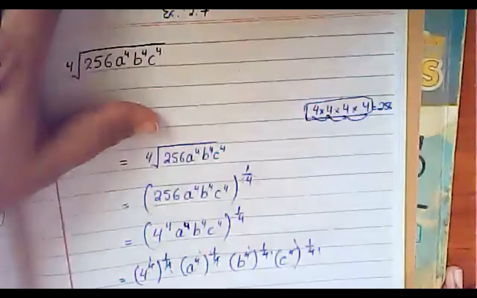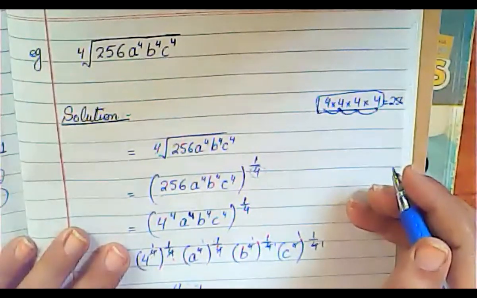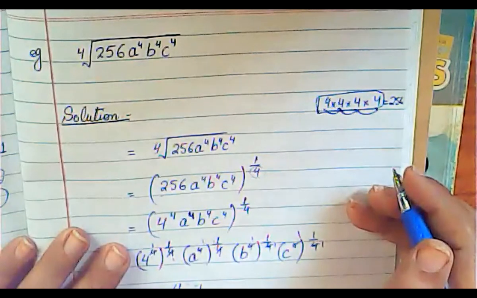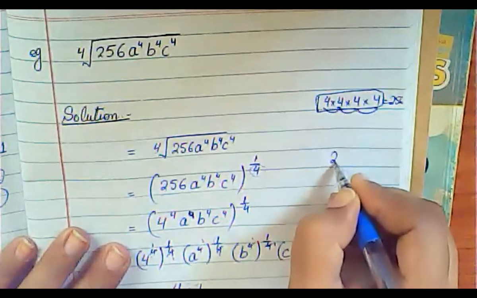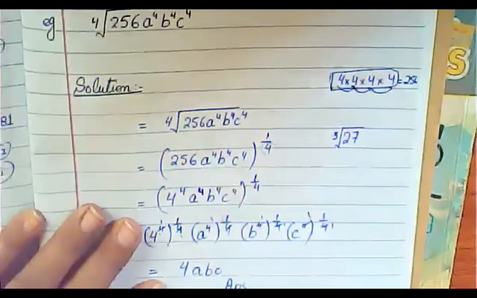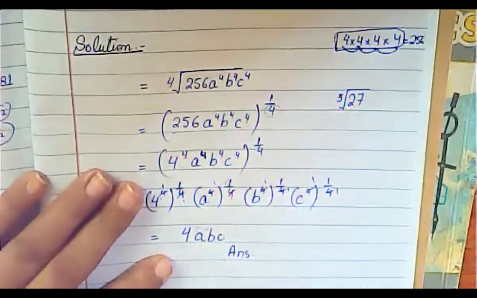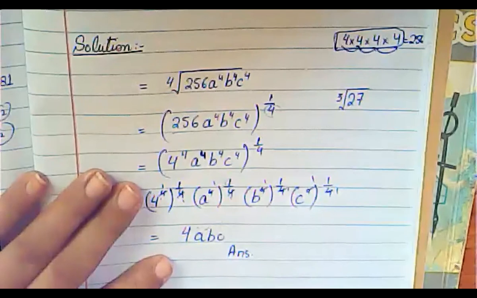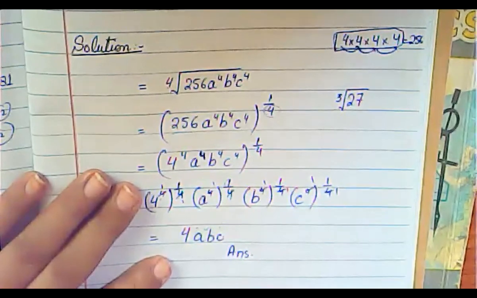Now listen. If you have here 27 to the power 1 upon 3. So what will be the answer of this one? What will be the answer of this one? The cube root of 27.